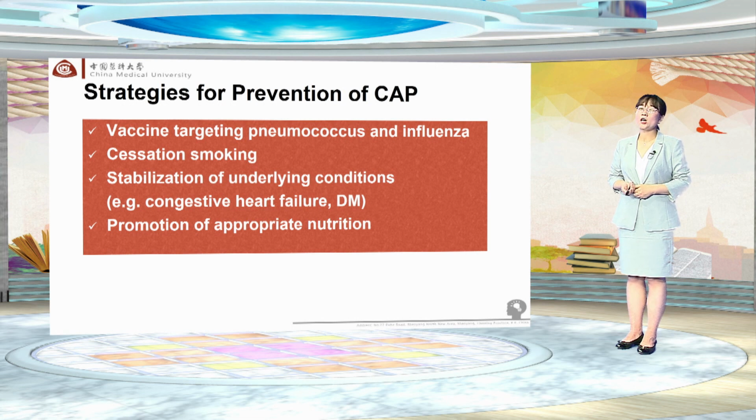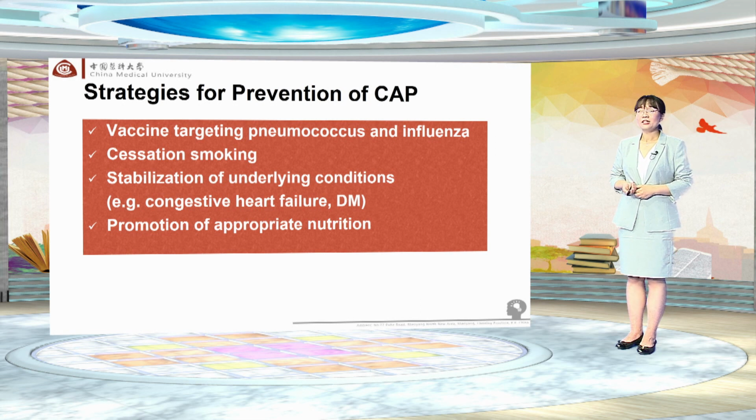For prevention of CAP, vaccines targeting pneumococcal disease and influenza are a mainstay. Reducing risk factors is another measure. Smoking is a significant risk factor for CAP, so smoking cessation should be attempted.